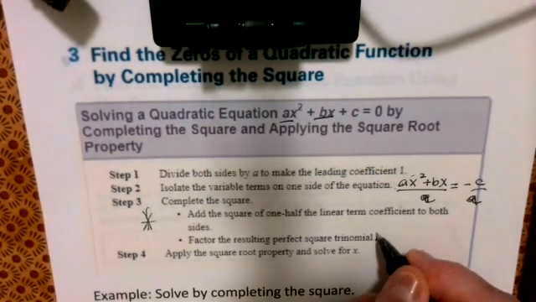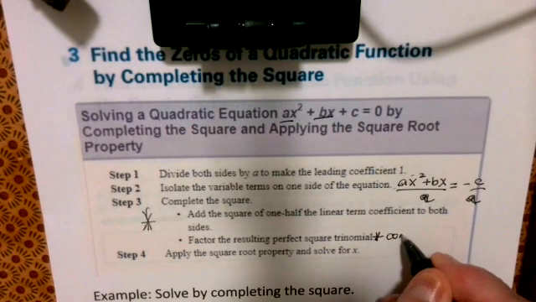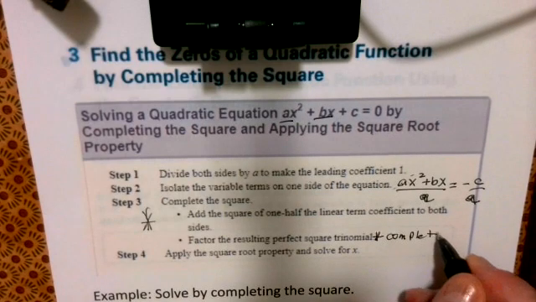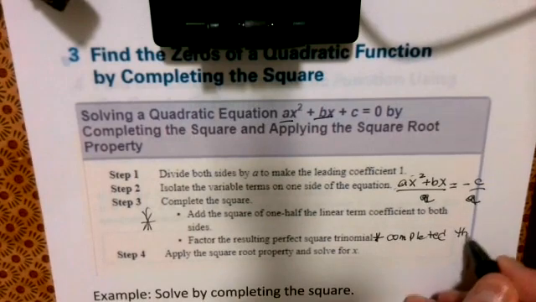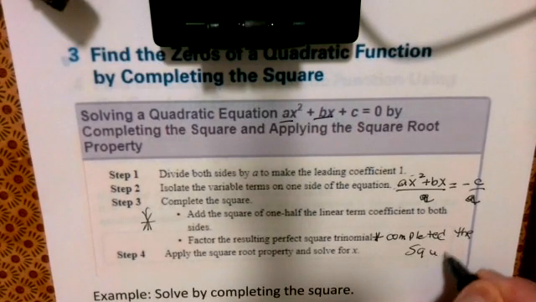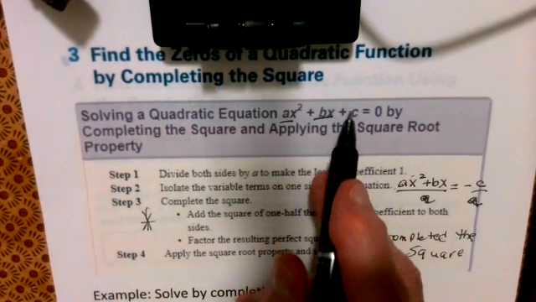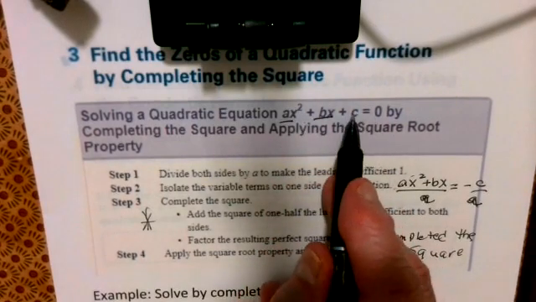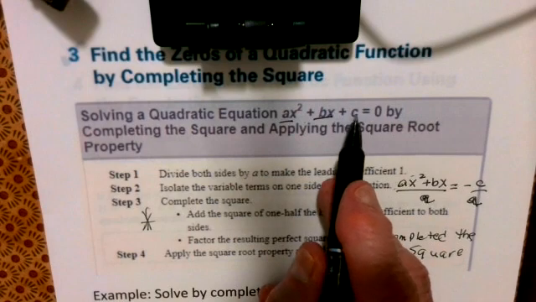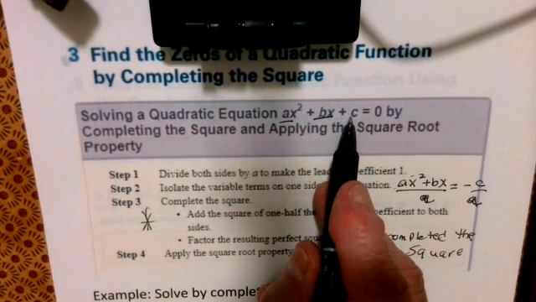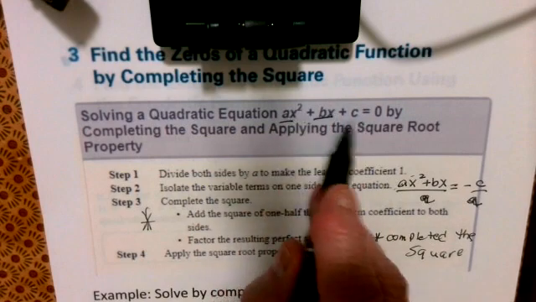Because see what you're doing here, you've completed the square. If this is not a perfect square trinomial, you're figuring out what to add to this number to make sure it is a perfect square trinomial.